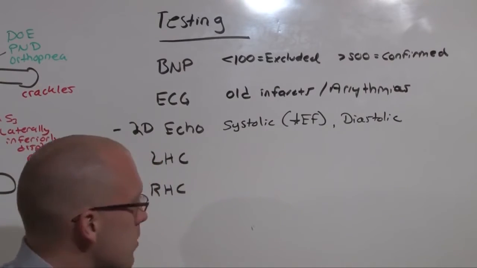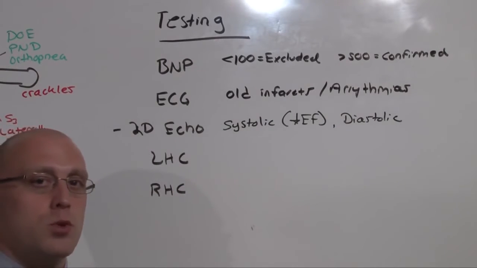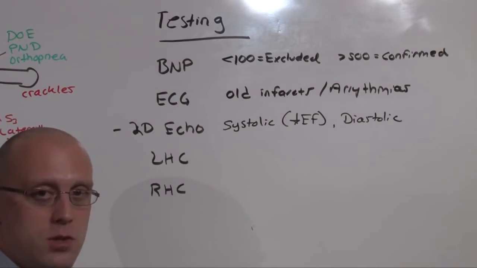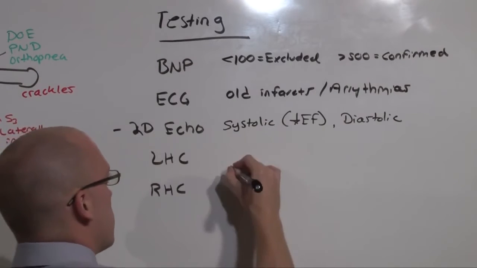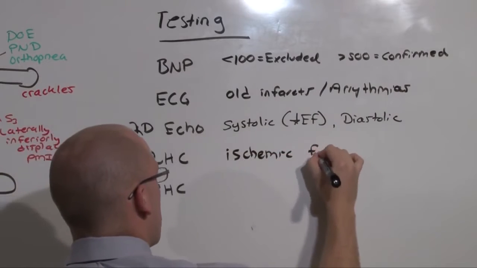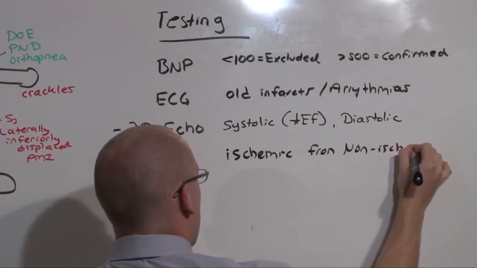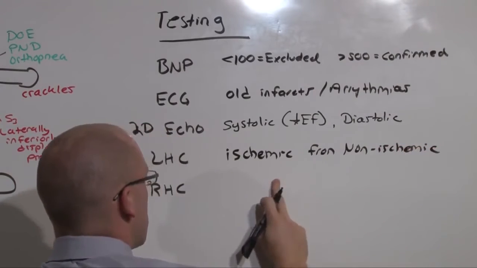That is one of the major distinctions and classifications of heart failure, whether it is systolic or not. The left heart cath helps us distinguish between the other two major distinctions in heart failure. That is ischemic from non-ischemic. And this is not hard to understand.